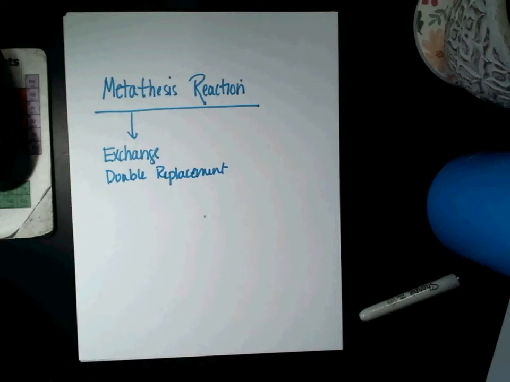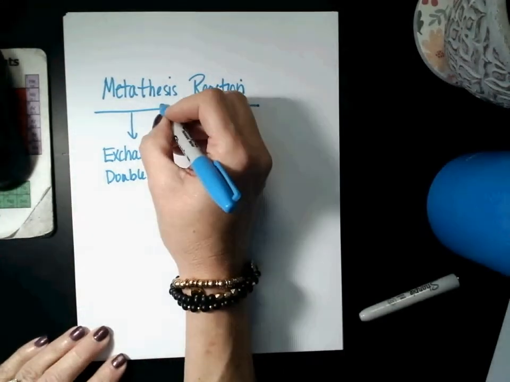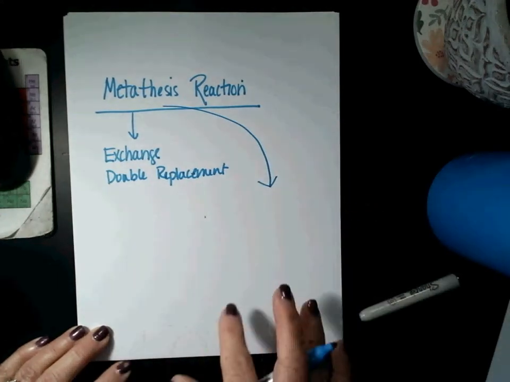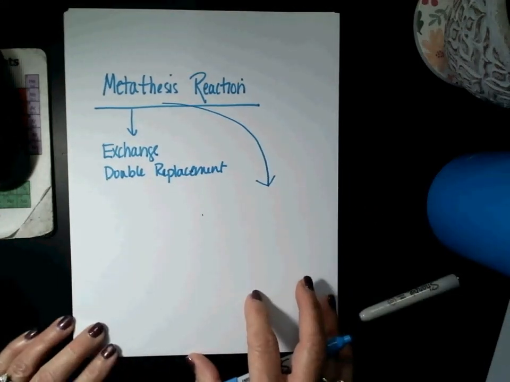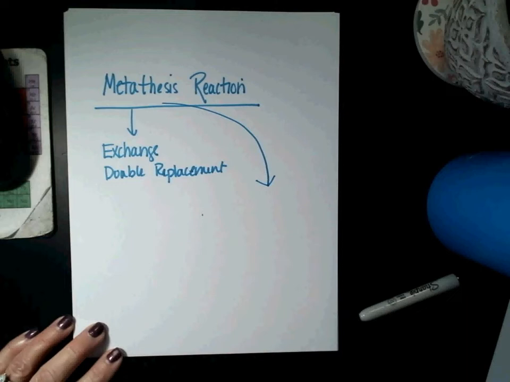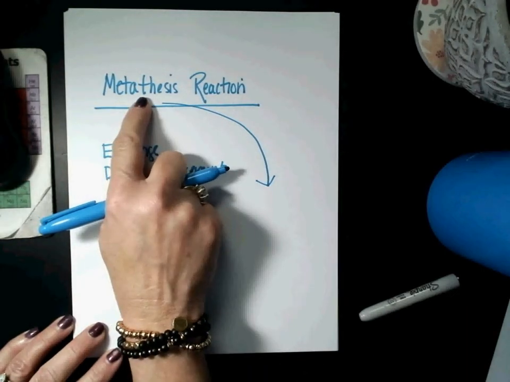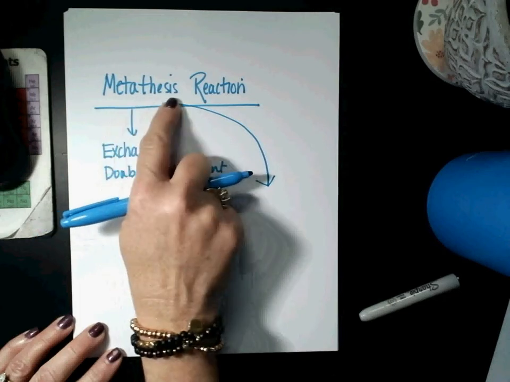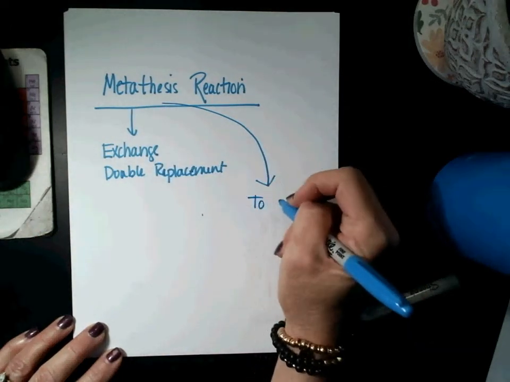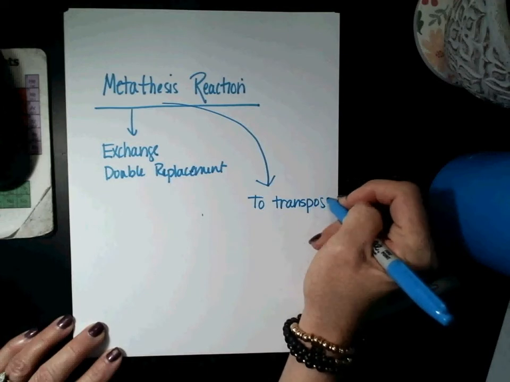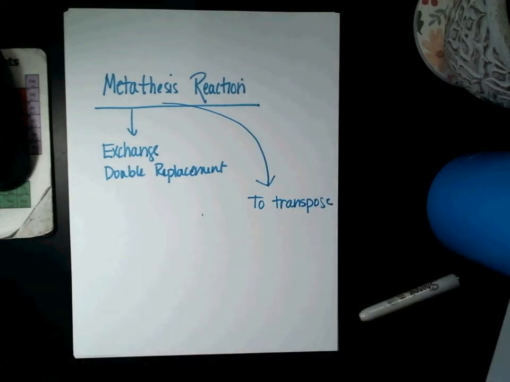In chemistry, it's often called a metathesis reaction when we're talking about ionic equations and net ionic equations. The reason it's called that is because meta with thesis means to transpose. It's some of your Greek roots.